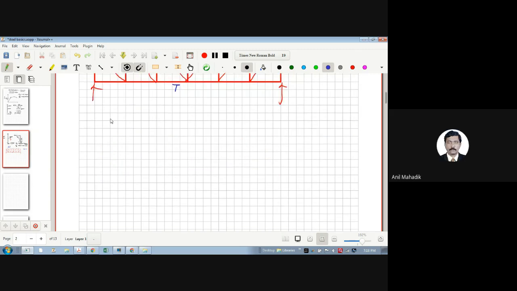So assume one angle section, and once you assume it, get the area from the steel table. Once you get the area, you know the tension from the analysis.